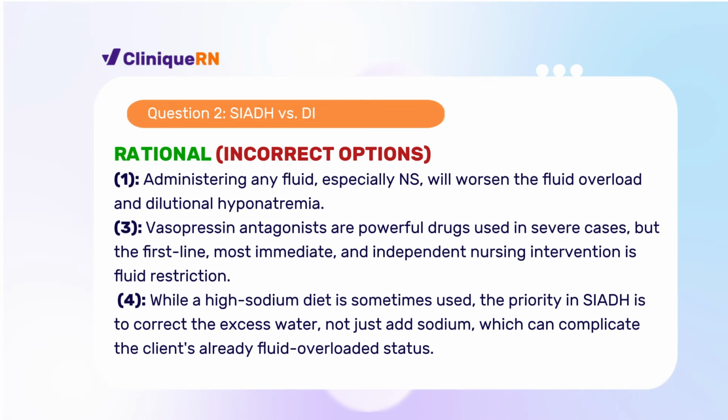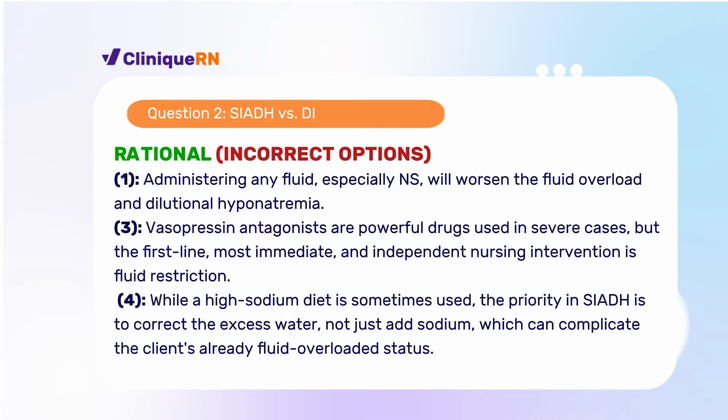Incorrect options. 1. Administering any fluid, especially NS, will worsen the fluid overload and dilutional hyponatremia. 3. Vasopressin antagonists are powerful drugs used in severe cases, but the first line, most immediate, and independent nursing intervention is fluid restriction. 4.